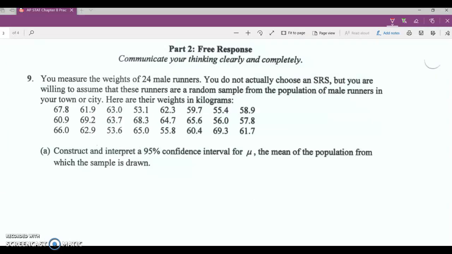Okay, so now we've got some free response questions. We've got 24 male rowers. We didn't choose a simple random sample, but we're willing to assume that these runners are a random sample. Great. So we need a 95% confidence interval for mu. So this is a one sample. I don't know sigma, so I think it's a one sample t interval with 95% confidence.